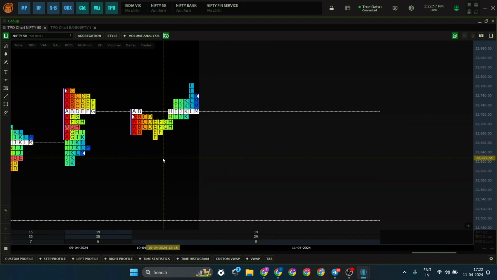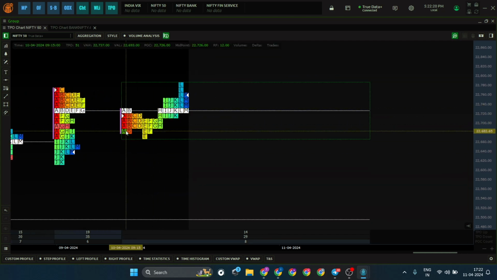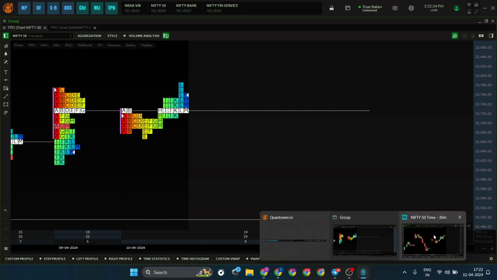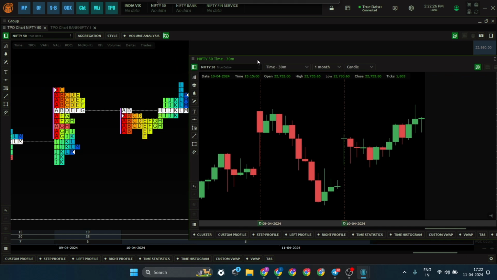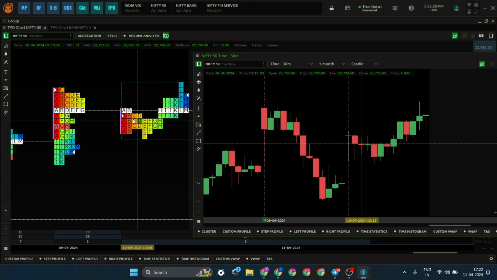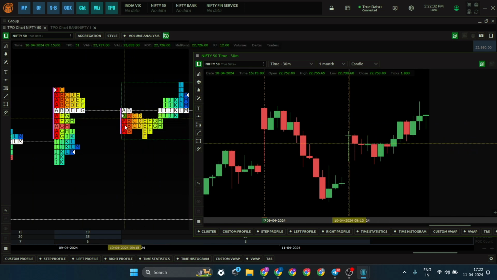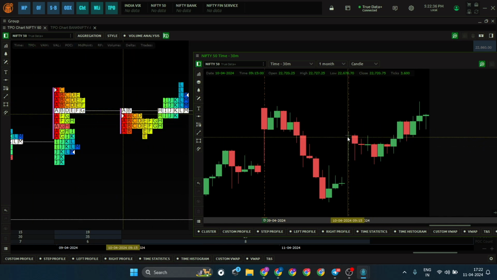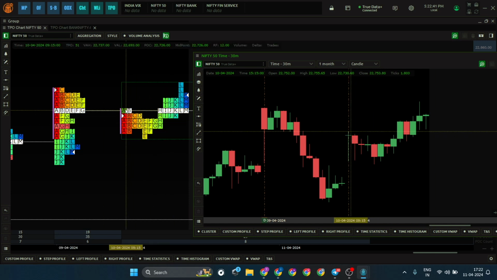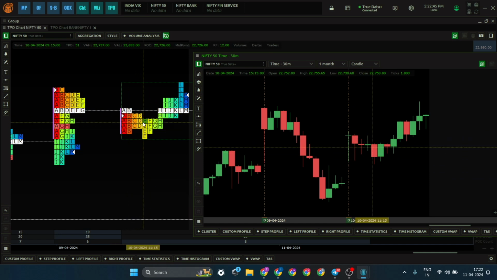It's very simple. A represents a 30-minute candle. Let me open the 30-minute candle chart for better reference. You can clearly see the cursor here. This A candle is represented by this 30-minute doji candle, right? So this doji candle represents the A period, thereafter B, C, and so on.